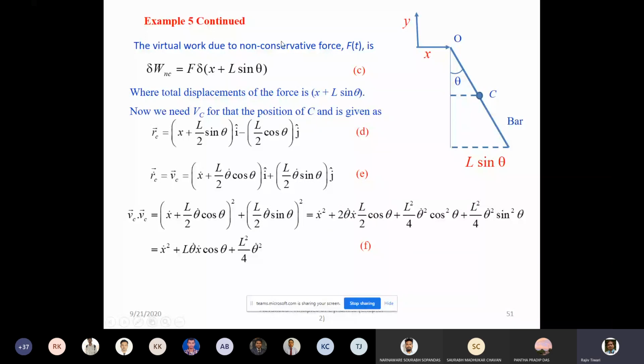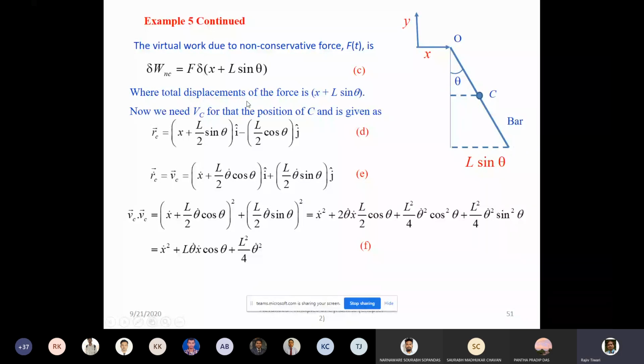So if you see, this is the bar, swinging at O, center of gravity is C. So for the axial motion, whatever the x direction displacement of the bar, this end will be L sine theta, because force is applied here. And additionally this bar is moving with x displacement along with the car.